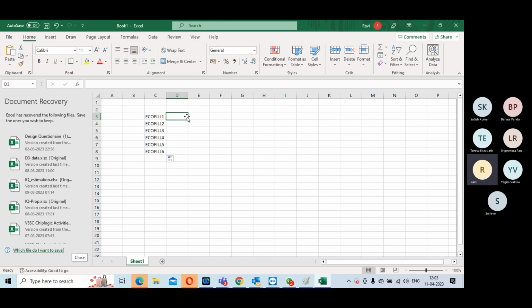Now ECO fill 1 is mapped. If you want to create an AND cell, it will be an ECO AND, and these are all metal ECO. The map is E and 1 or E and 2 like that. Or E not 2. So it will be mapped to something like this.